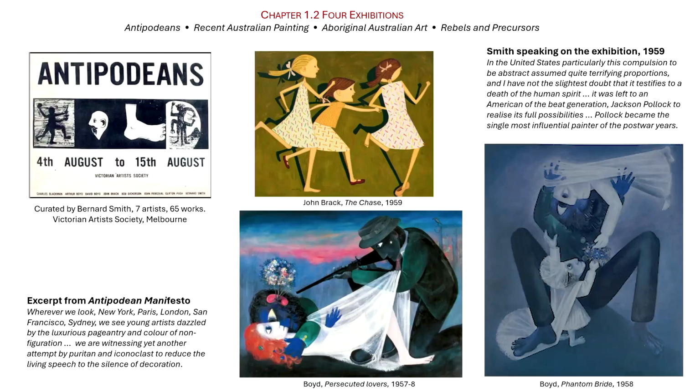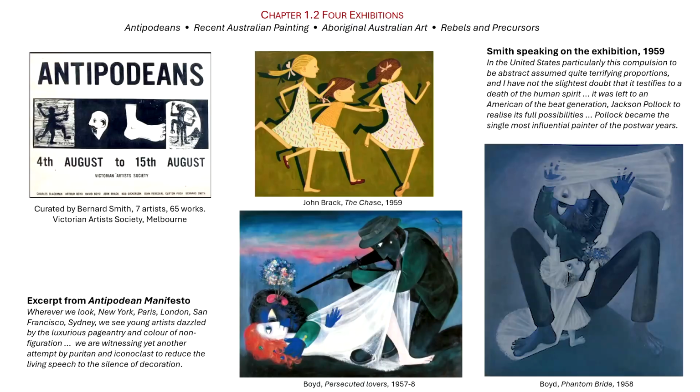And it's the same for Nolan in Australian books. Again, in his manifesto that he wrote with the exhibition, he says, wherever we look, New York, Paris, London, San Francisco, Sydney, he's in Melbourne, of course, this virus is coming. And so he has this exhibition.